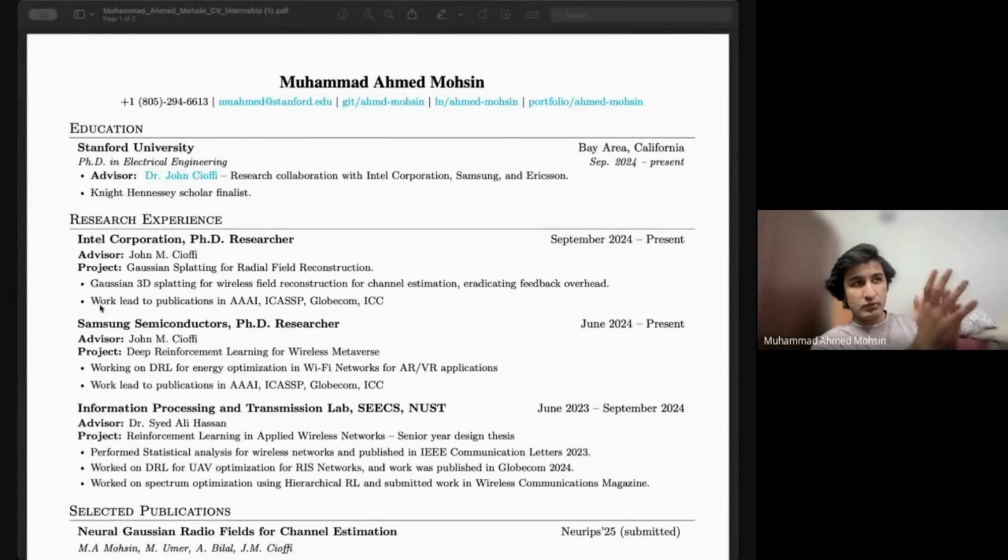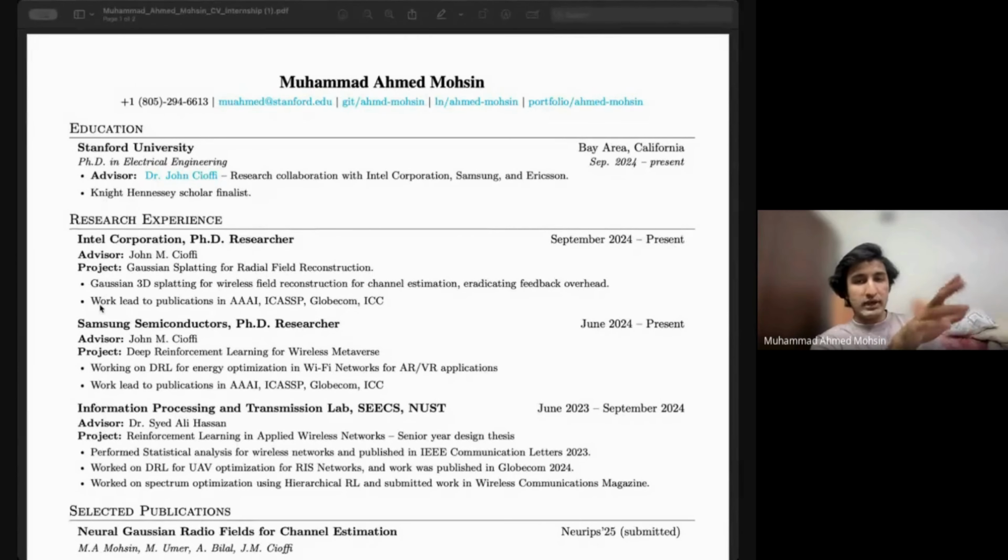So you have to understand what kind of work he's interested in and use those words in your CV to make it more tailored to specific professors and specific universities you are applying to.